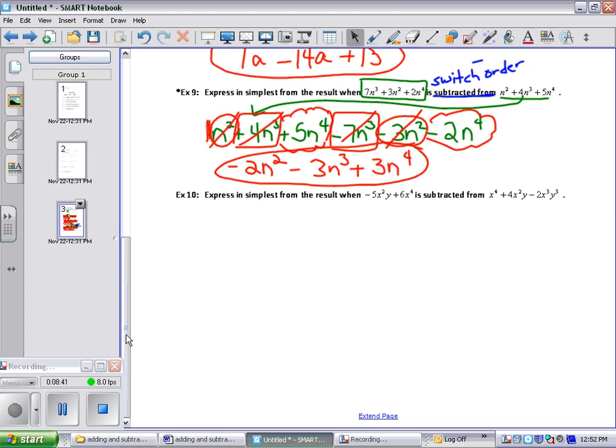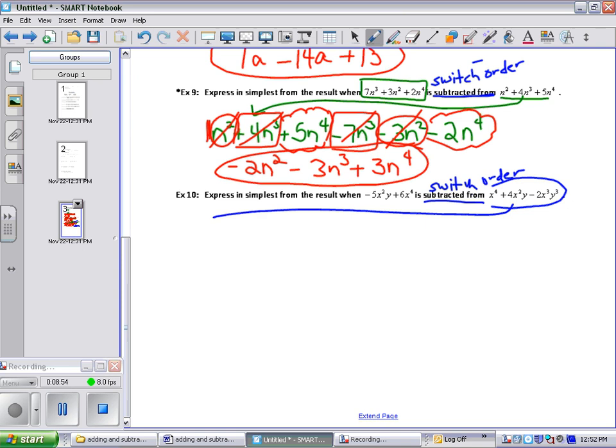Once again, I see that special word, subtracted from, which means to switch order. So this whole thing comes first. So go ahead and copy that down. x to the fourth plus 4x squared y minus 2x to the third y to the third.